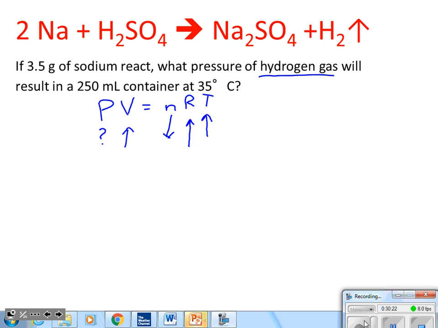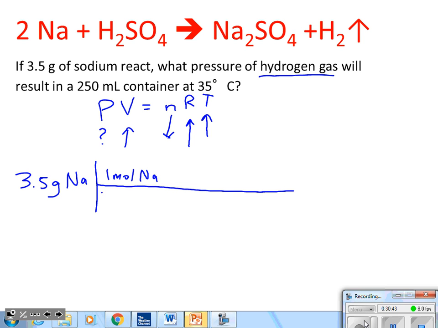So I'm going to convert 3.5 grams of sodium to moles of hydrogen gas. Once again, this is just stoichiometry that we have already done. So I know that 1 mole of sodium is 22.98977 grams of sodium, straight off of the periodic table.